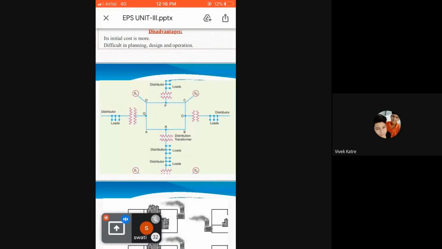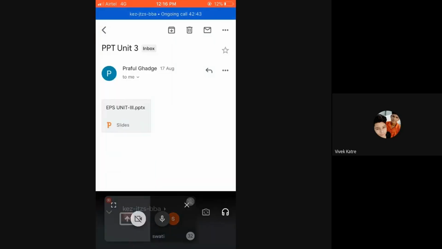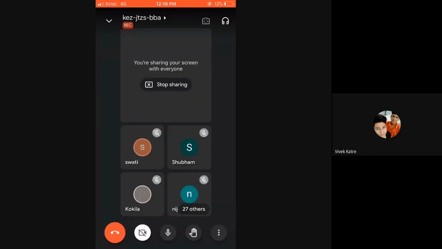By observing this diagram, you can see the primary ring consists of A, B, C, D. This is your primary ring, and from this primary ring we take out a distributor from each side.